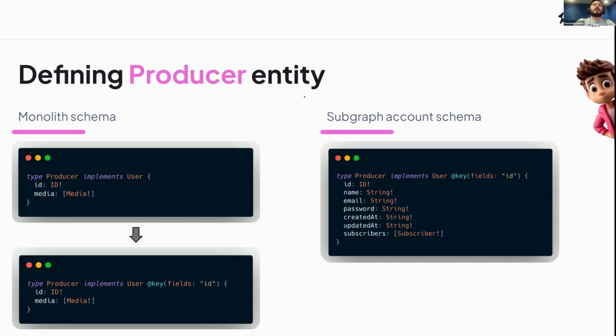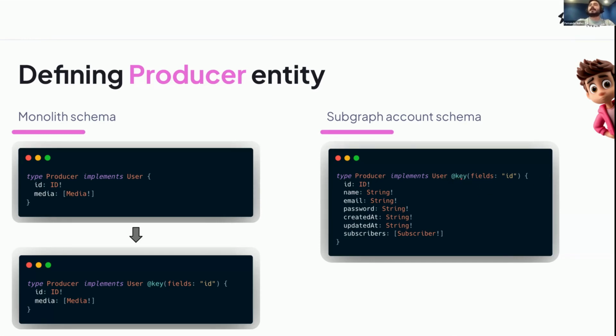So, defining the producer entity. This is like the original way in the monolith that we defined the producer. Of course, we move all the attributes that are going to be resolved by the account subgraph to the subgraph schema. So that's why in the subgraph schema, we define a producer that implements the user interface that we defined, and with this we are defining that this is an entity.